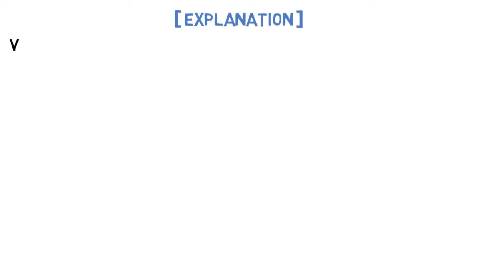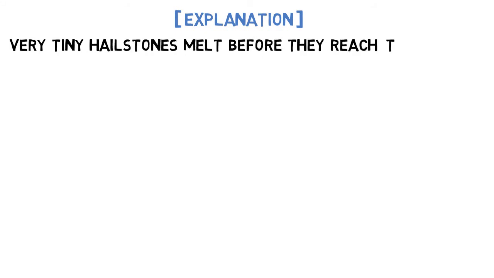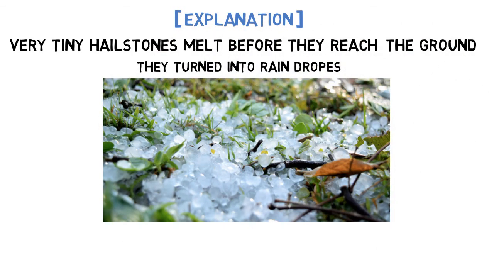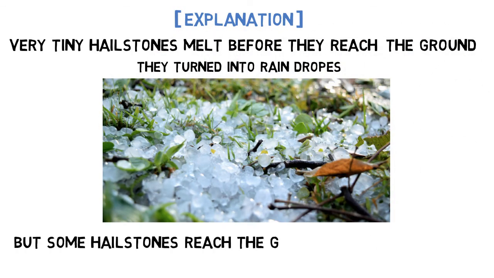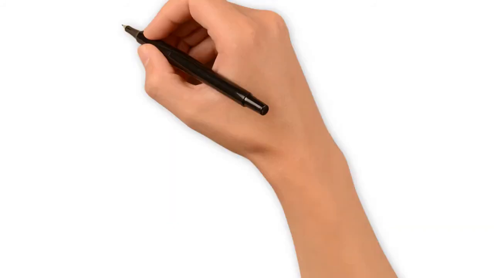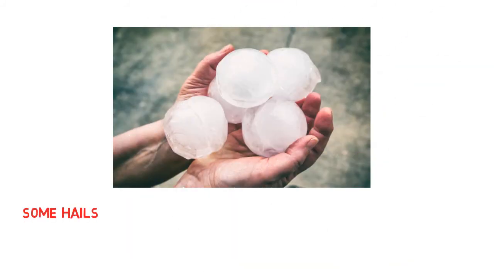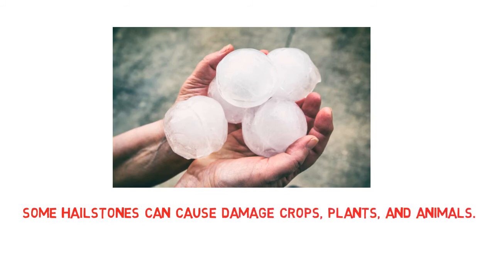Explanation. Very tiny hailstones melt before reaching the ground. They turn into raindrops, but some hailstones reach the ground before they melt. Some hailstones can cause damage to crops, plants, and animals.